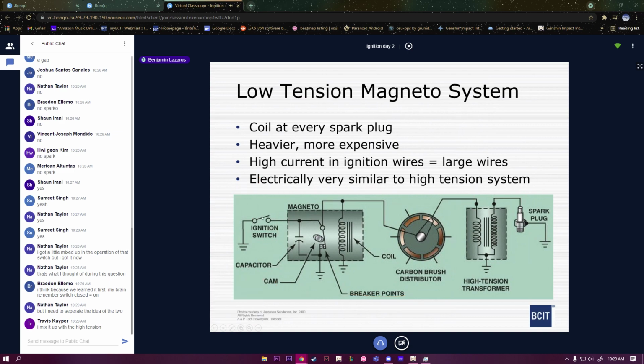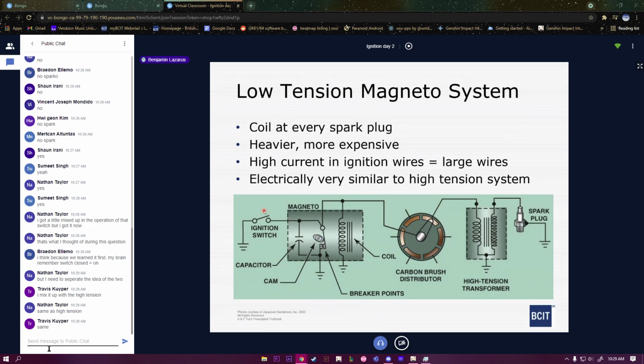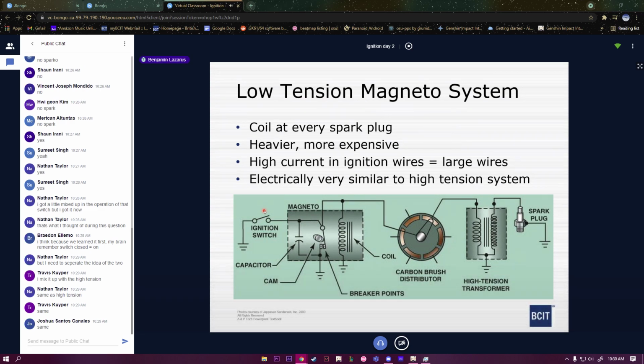Does this ignition switch work the same or different on a high tension and a low tension? Same as high tension, yeah. So even if you get them mixed up, there's no difference. It's only battery ignition versus magneto where it works the other way around because our power source is different.